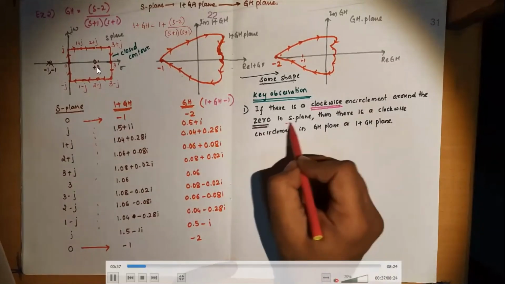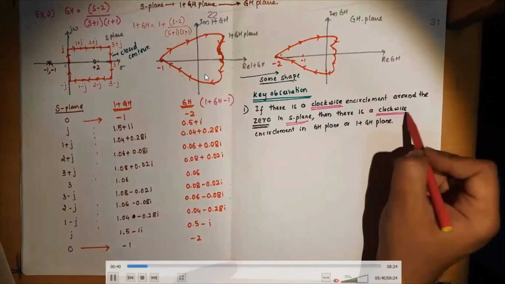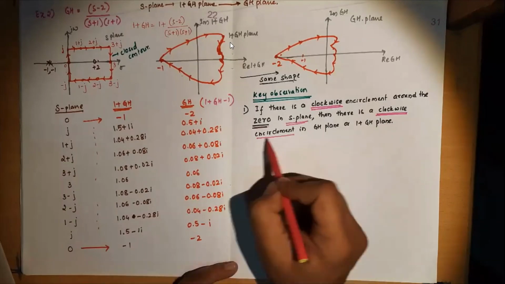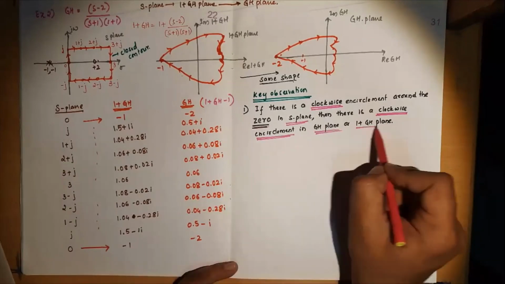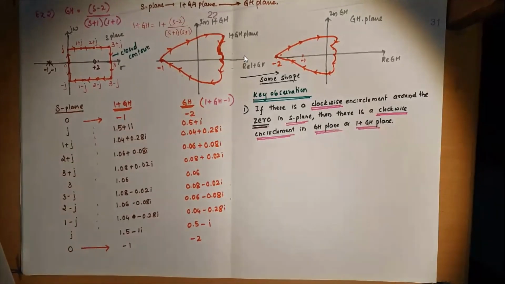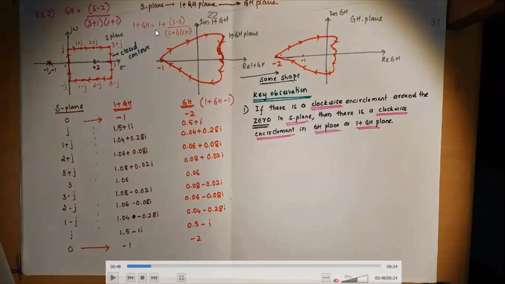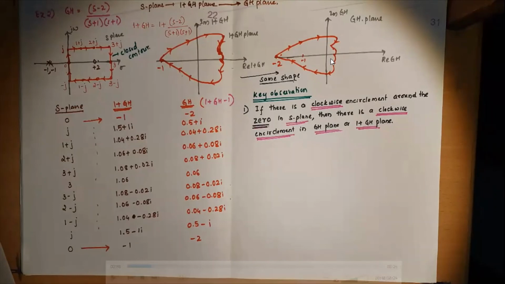So clockwise encirclement around a zero on the S plane gives us a clockwise encirclement in the 1 plus GH plane. For a pole, clockwise will give us anticlockwise.